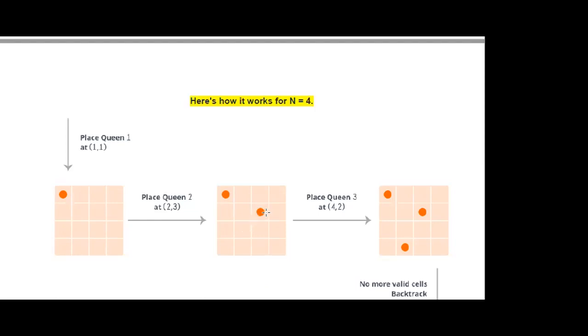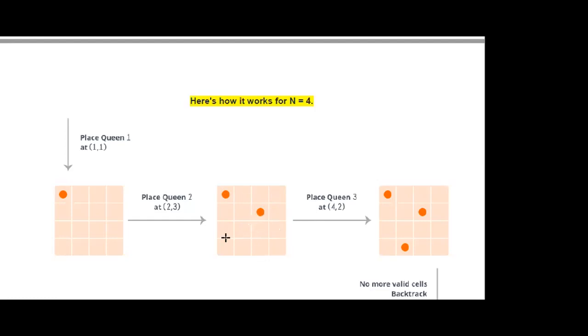In the next step, we have to place the third queen. The third queen will never be placed at this place and this place, never at this place and this place, because these places are covered by the first two queens. This slot is also covered by this queen, this slot is also covered by this queen, and this slot is also covered by this queen.